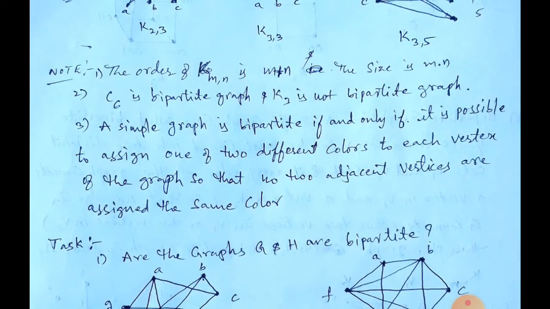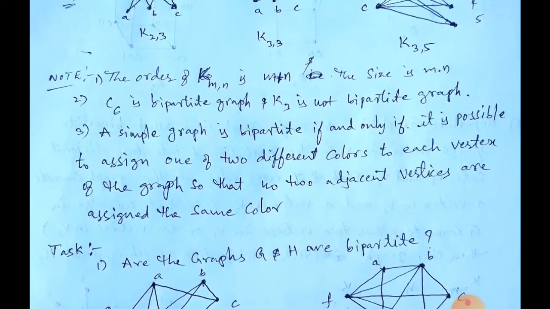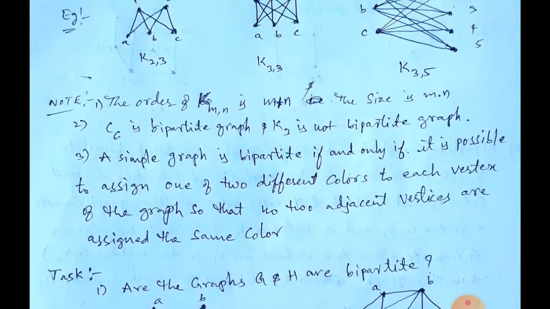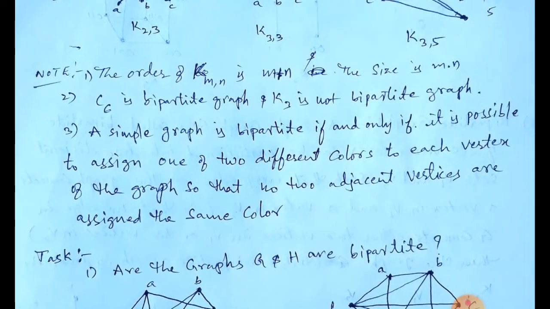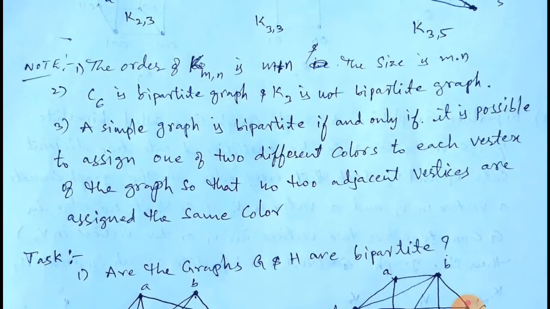How many vertices will be there? m plus n. And the size is m times n. Size is nothing but the number of edges, |E|. Observe m times n. Now C6 is a bipartite graph and K3 is not a bipartite graph.